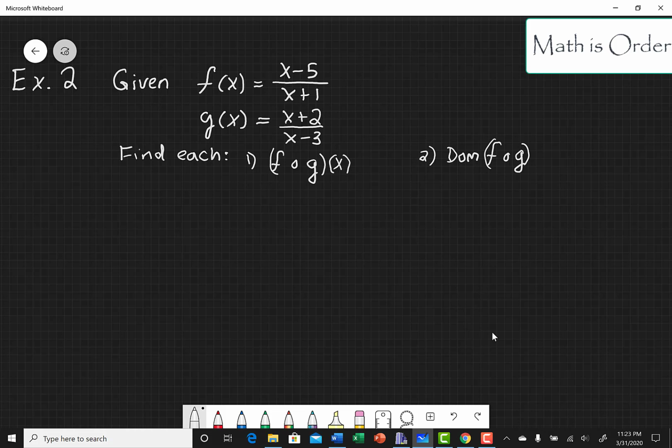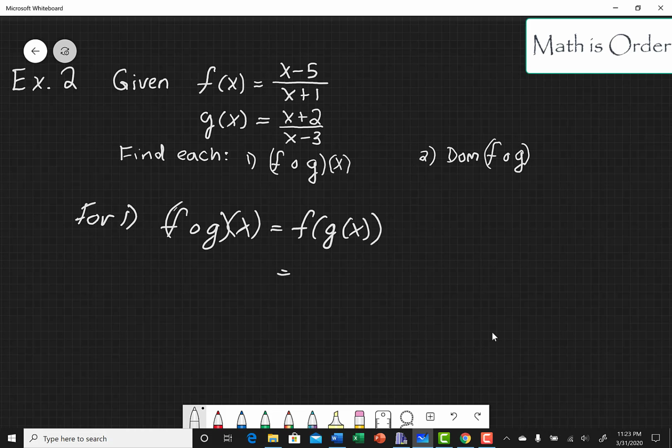All right, so let's go ahead and find number 1. For number 1, we want to find the composition function f composed with g of x, and by definition, this is f of g of x.